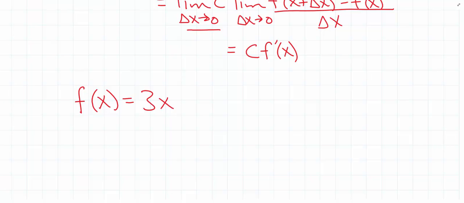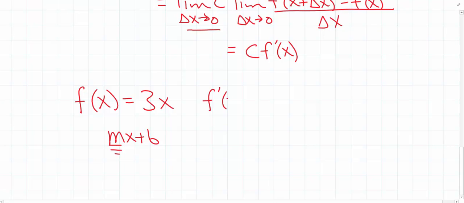Because this is of the form mx plus b, and the slope is just the number in front of the x. So the derivative here, and you could do this with the difference quotient, would just be 3. So if you just have x to the first power, the derivative is just the constant in front of it. The derivative of x is just 1. The derivative of 2x is 2, and so forth.